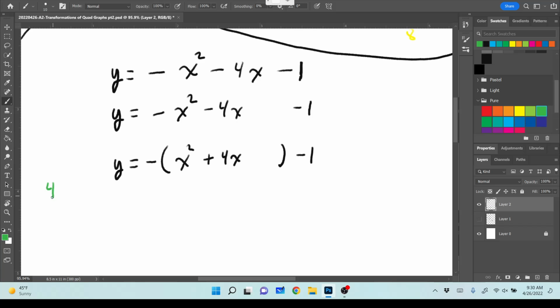4 over 2 squared. What's 4 over 2? Yes, 2 squared, which equals 4. So now that we did that, now what? Plus 4, and then... Except, oh yeah, no, you're right.